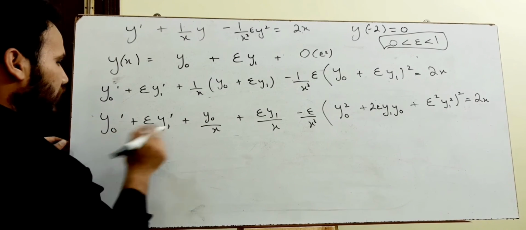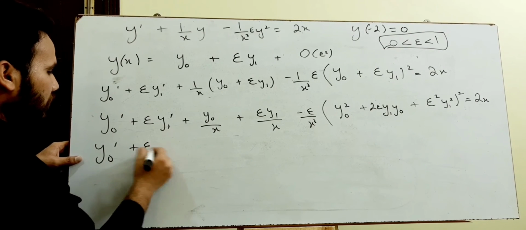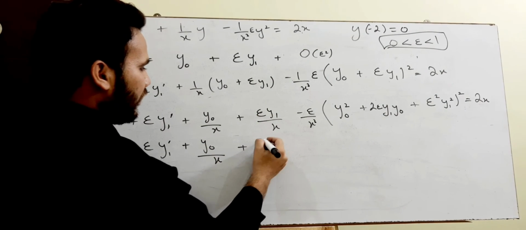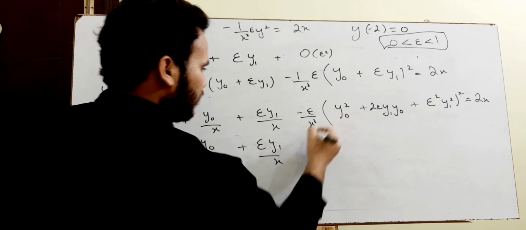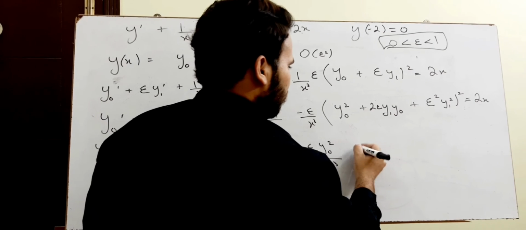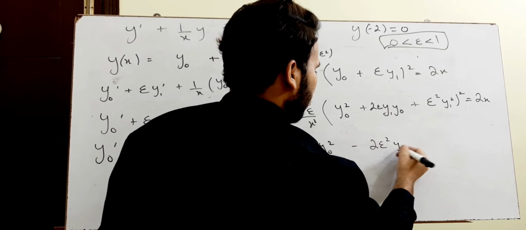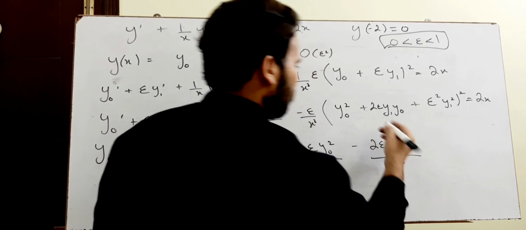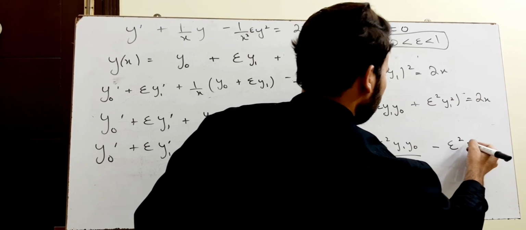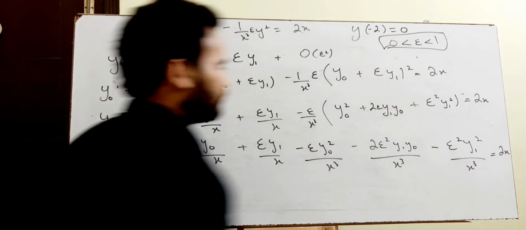So now we can simplify: plus epsilon y1 derivative plus y naught over x plus epsilon y1 over x minus epsilon y naught square divided by x cube minus 2 epsilon square y1 y naught over x cube minus epsilon cube y1 square over x cube equals 2 times x.